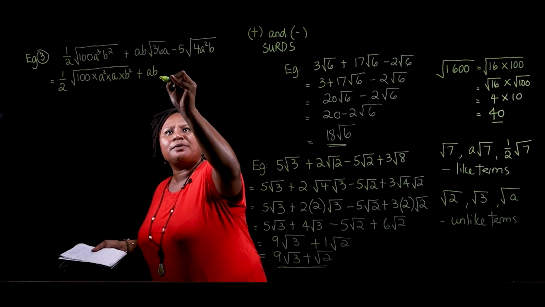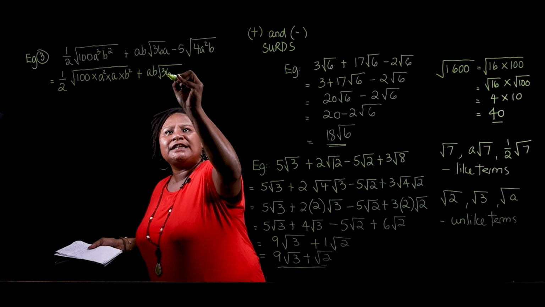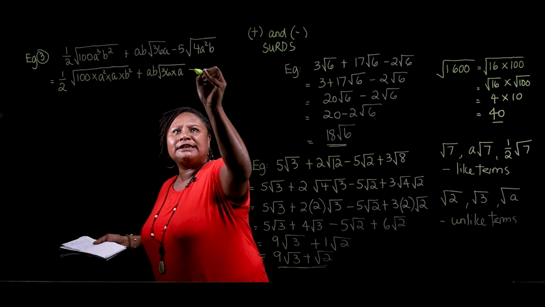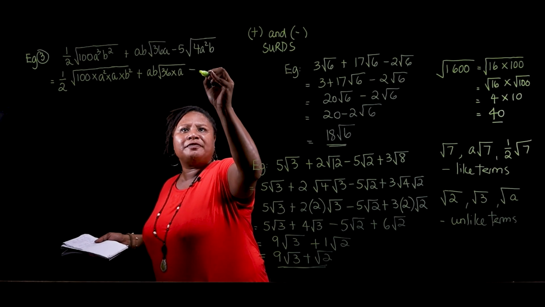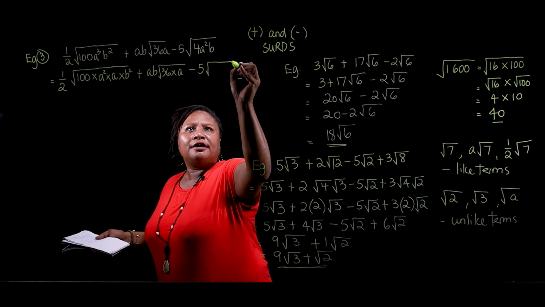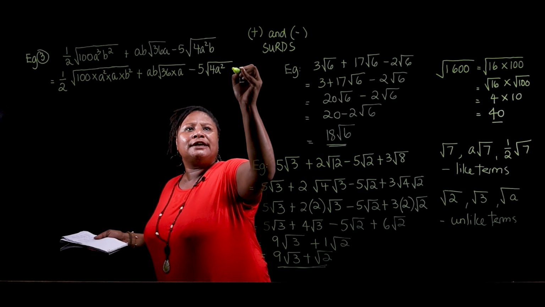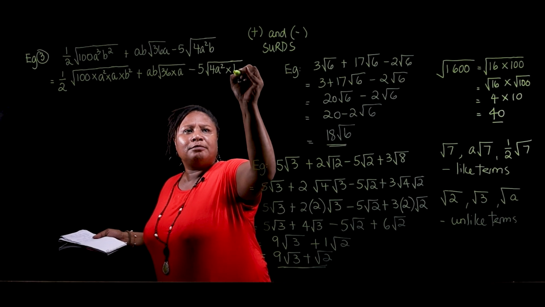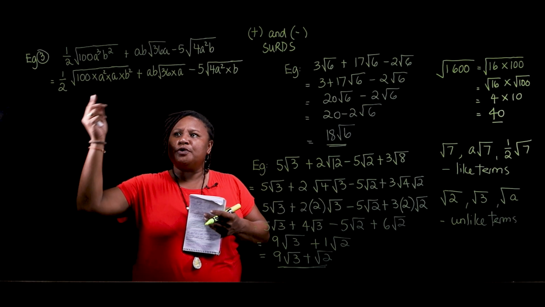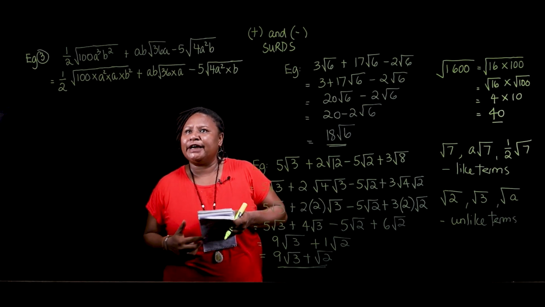So that's a perfect square. We have root of 36 times a, minus, again, 4 is a perfect square. So we have root 4a squared times b. Okay, so we've broken these numbers up to a square number multiplied by another factor.